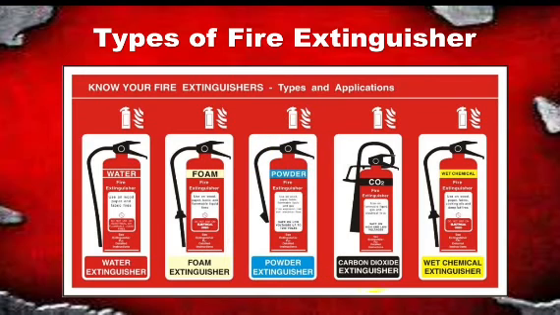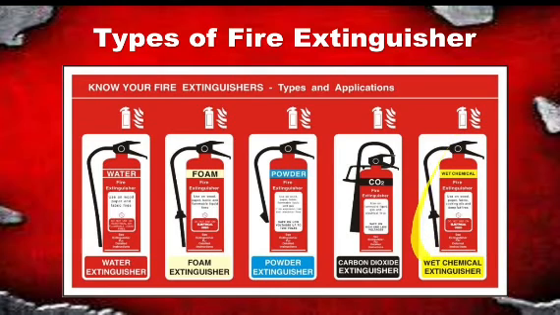Next we have the carbon dioxide extinguisher. This is mainly for flammable liquids, gas, and electrical fires. Next is wet chemical. This is good for wood, paper, fabric, cooking oils, and deep fat fires.